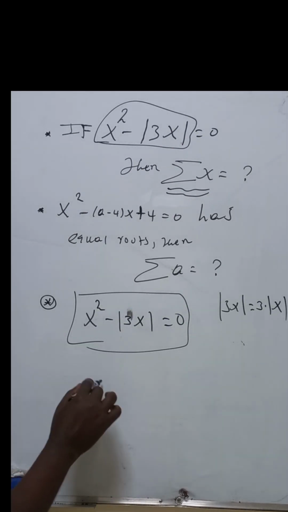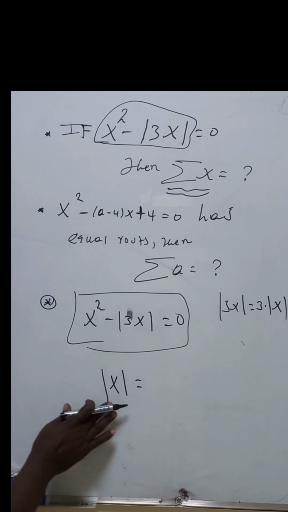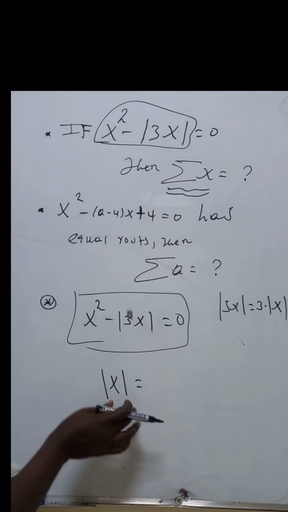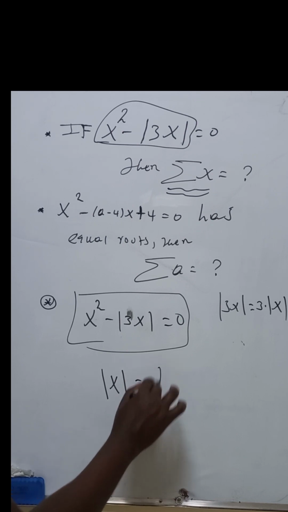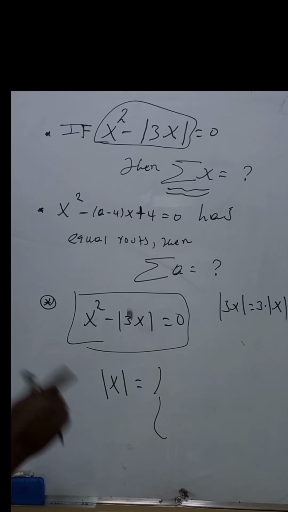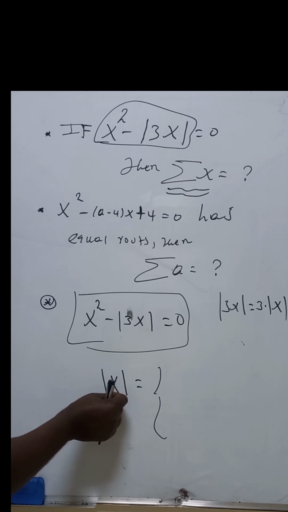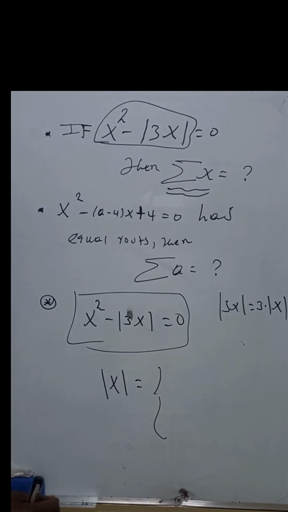So how are we going to define the modulus of x? You have to know what modulus is in general. The modulus of any variable means the distance from the origin to the given point. So the modulus of x, or absolute value of x, is simply the distance from the origin.